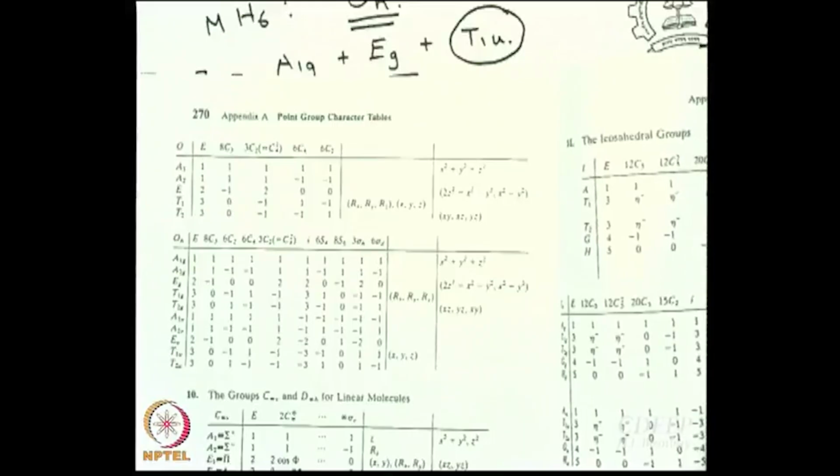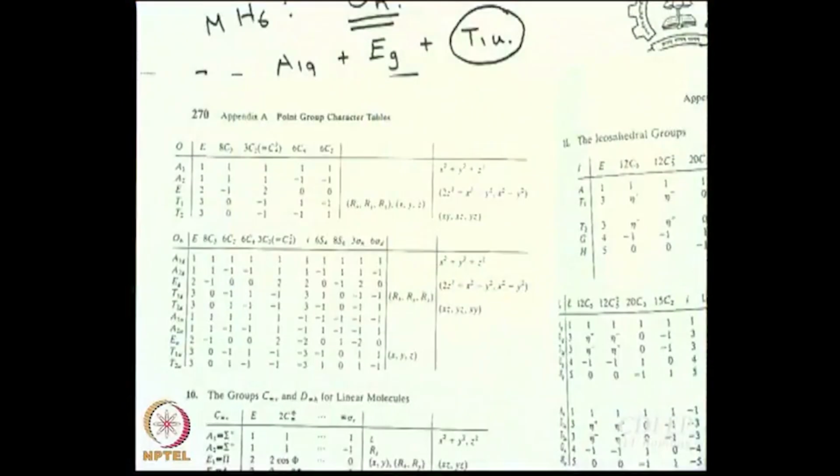What is the character of C3? That also is very easy to see. If you apply C3, then what happens? No matter which C3 you apply, all will change places, right? So, sigma 1 minus sigma 3 will not remain sigma 1 minus sigma 3, it will become something else minus something else. So, they change places, character is going to be 0, right?